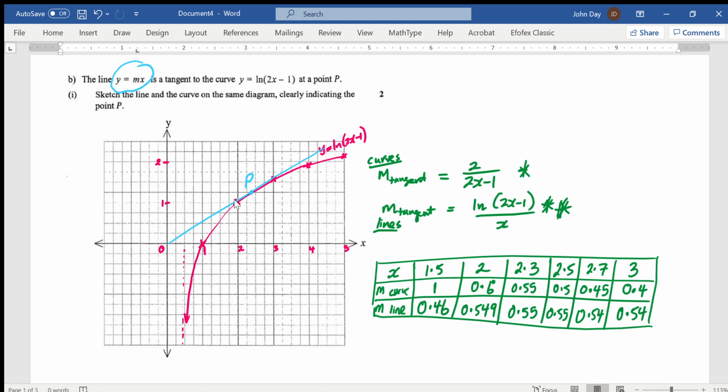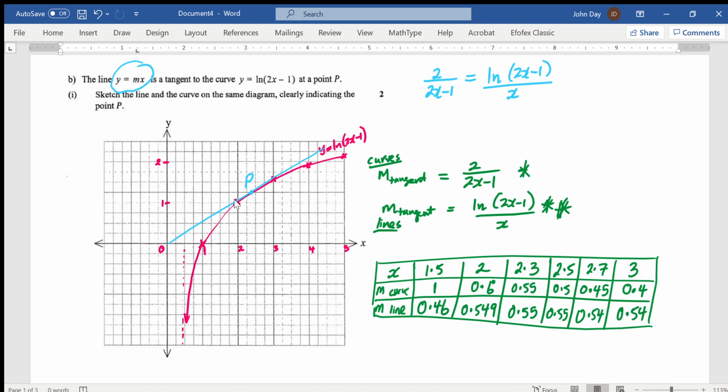Right, so in order to figure out exactly where the point P is, they would be wanting us to solve 2 on 2x minus 1 is equal to the natural log of 2x minus 1 on x, all right? That's what they'd be wanting us to solve. And I think that's quite a difficult equation to be trying to solve.